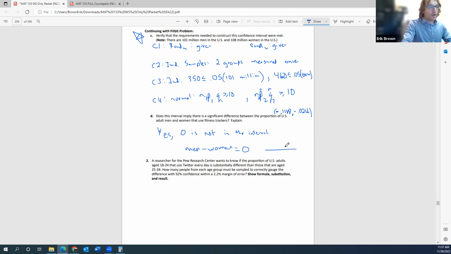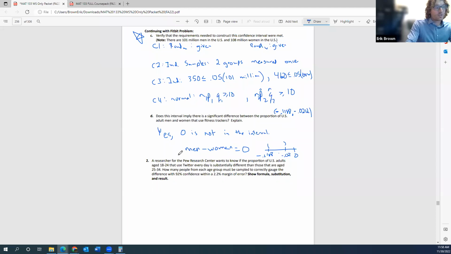If I draw a number line, here's 0, here's negative 0.02, here's negative 0.1188. This is how we know women use it more than men, because the difference between these two is negative, and so that means the women usage is higher.